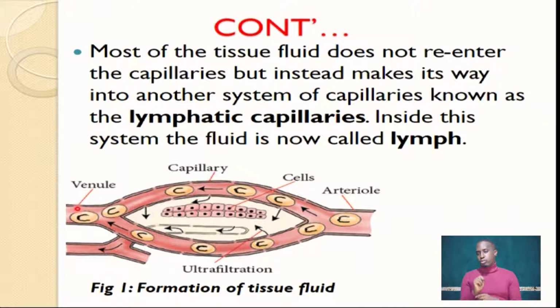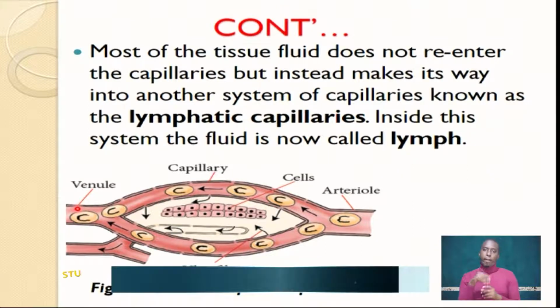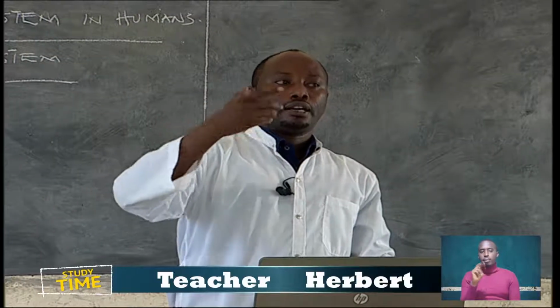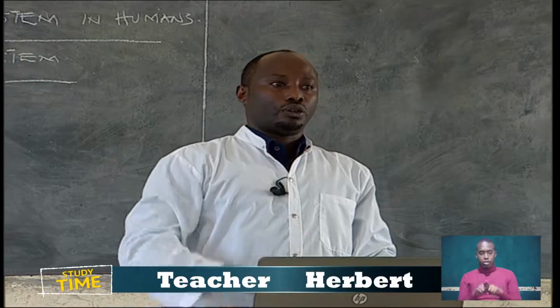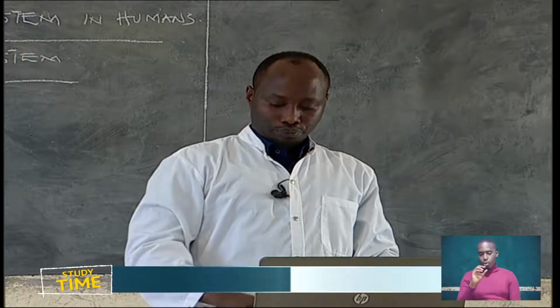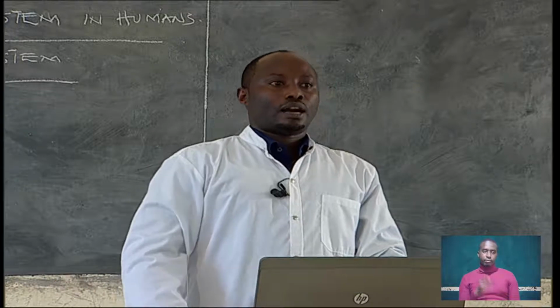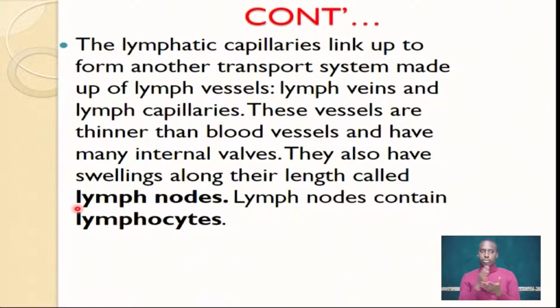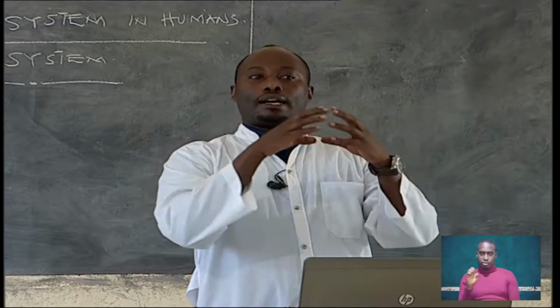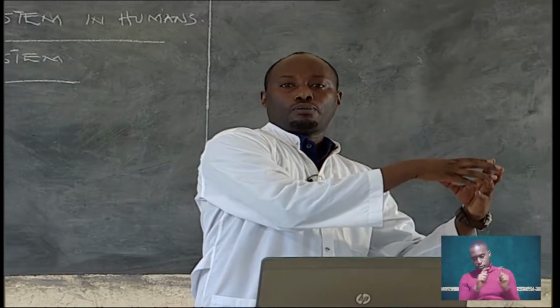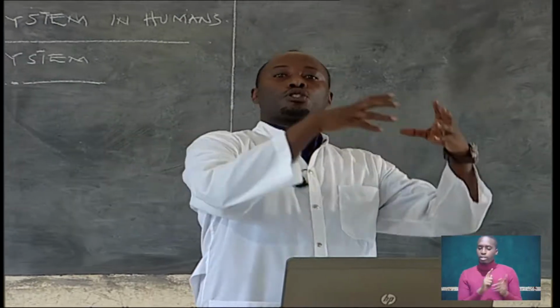Eventually, this fluid moving toward the venule will be returned back into the bloodstream, where in the venular end they are in lower concentration. So the lymphatic capillaries link up to form another transport system made of lymph vessels, which transports lymph fluid.